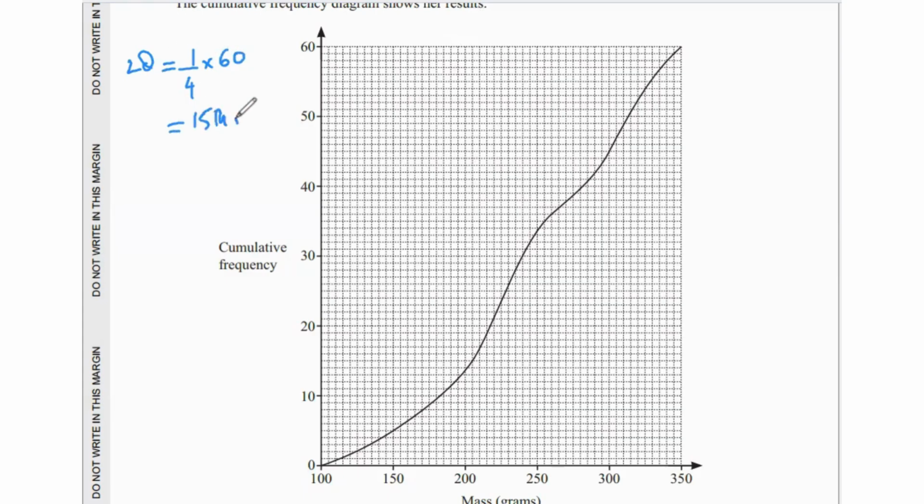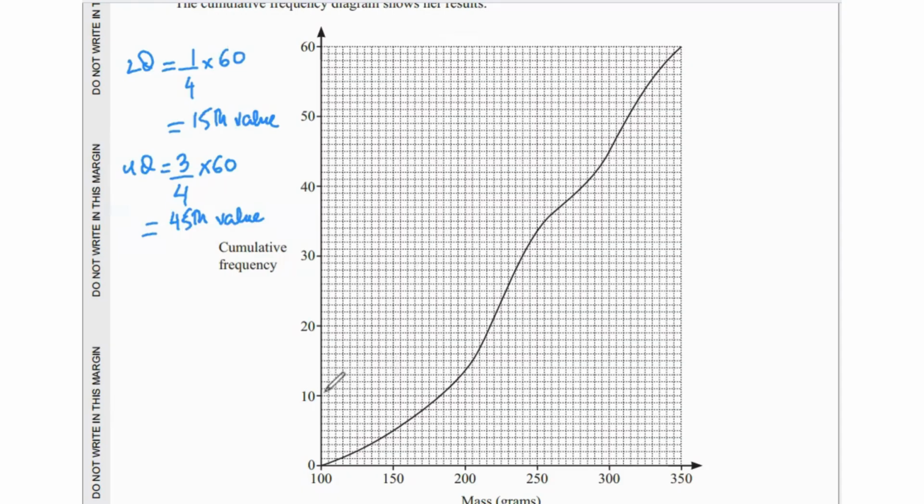So we need to find the 15th value for the lower quartile. And for the upper quartile, we need to find 3/4 of 60. So that's going to give us 45. So we need to find the 45th value for the upper quartile. So we'll go at 15 on the y-axis.